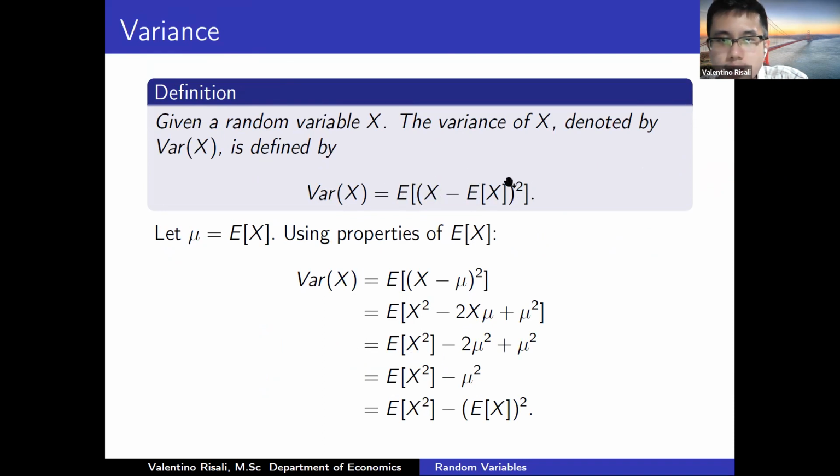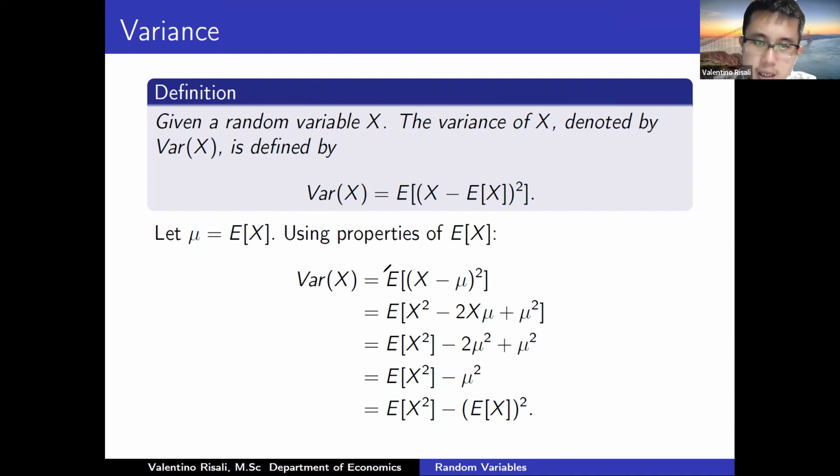We put this bracket, after that square the value of X minus EX, and to find the variance from the second moment and expectation, we put mu as the expectation, and then we use the properties of expectation.